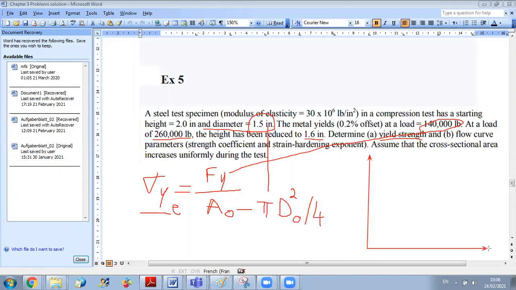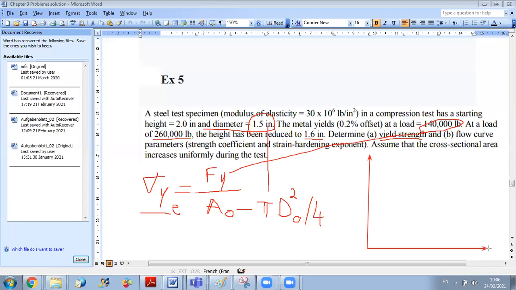So if you don't have another choice, it's not wrong to take the yield point as a point to determine your coefficients. Now, in general, to be on the safe side, if we have another point, we take the other point, because you know that yield is just the start of this zone.